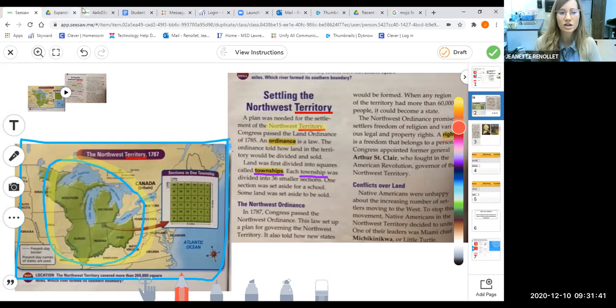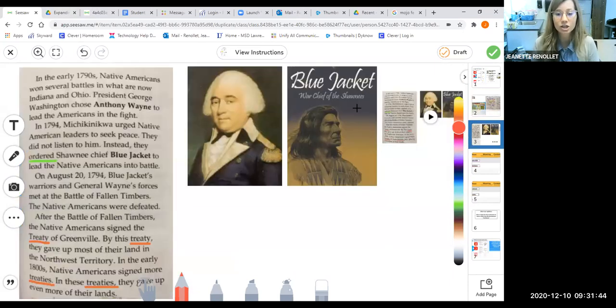Okay, thanks for sharing. Let's go ahead and look at slide 3. Slide 3 is also our text today. I just split them up so there wasn't so many words on one page. Who has something important from slide 3 that we all need to know? What do you know about our text on slide 3?